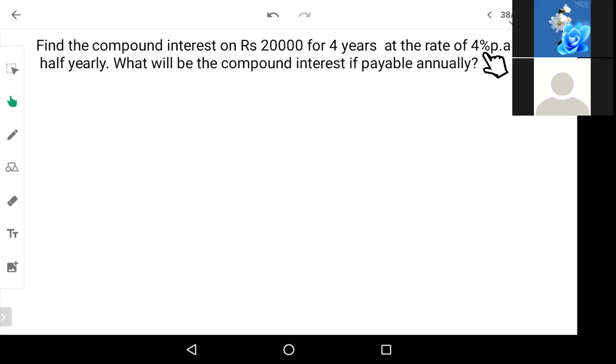But this rate of interest is for 1 year, and they are going to pay the interest every half year, that is, every 6 months. They are also asking an extra question: what will be the compound interest if payable annually? Fine. Now here we'll have to do a little correction in the rate of interest when we are taking the data. Now let us start the problem.